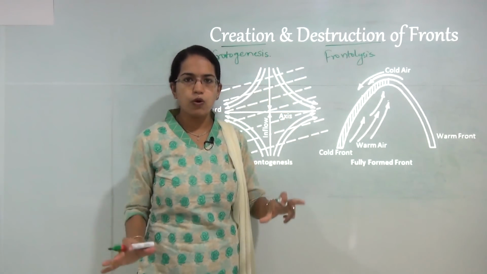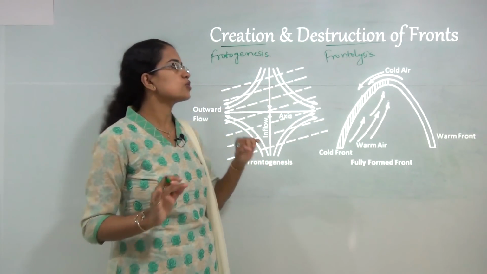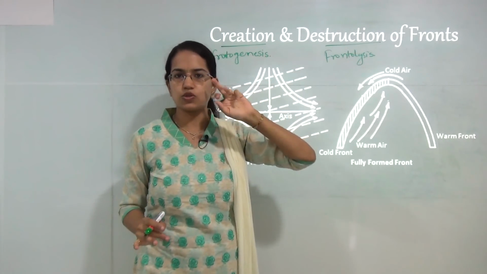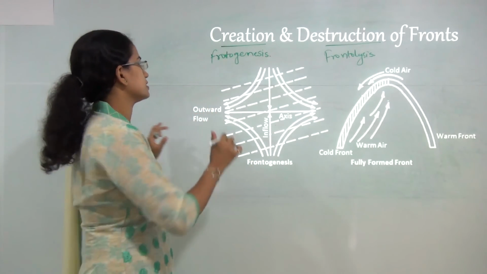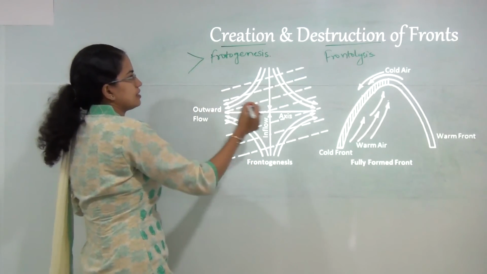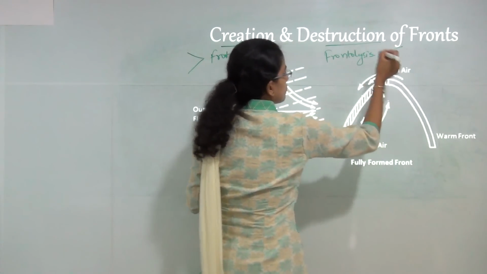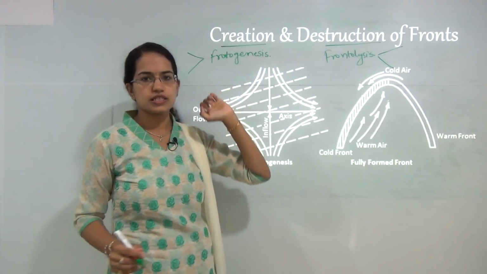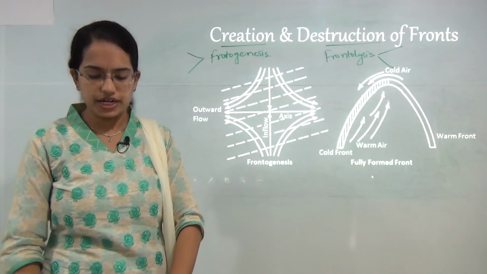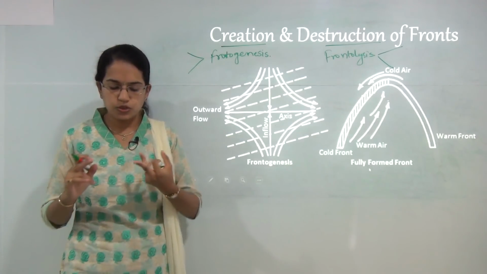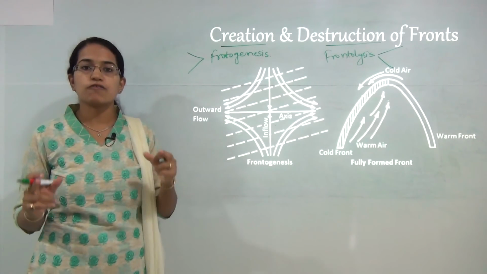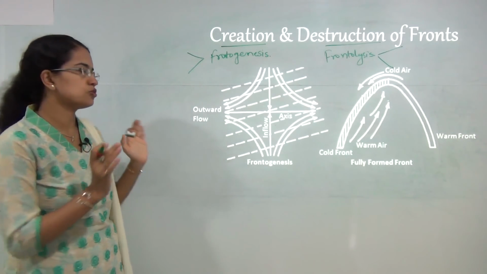Now for both of these to occur, certain standard conditions must be met. Now we will understand the conditions for both frontogenesis and frontolysis. Frontogenesis, or creation of fronts, is attributed to two basic conditions. First, two air masses of varying density come close to one another.